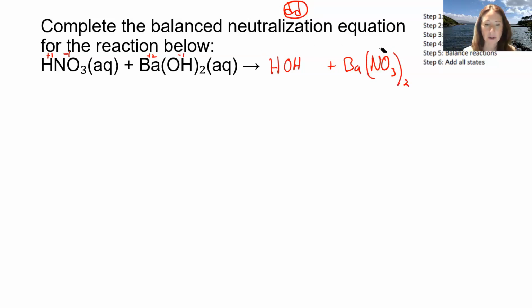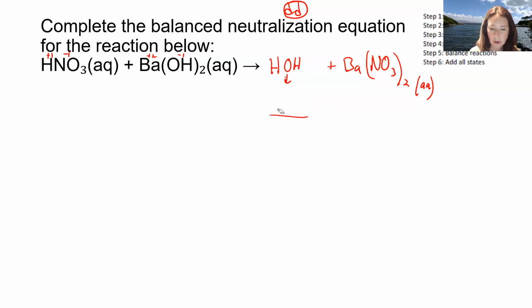Now, what makes this one different is, if you look, you'll see all nitrates are soluble, so it's aqueous. This is water. Water is a pure liquid. So when we write the balanced neutralization reaction, HOH becomes water.